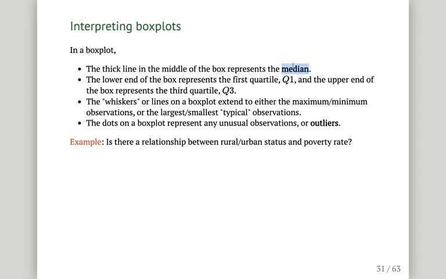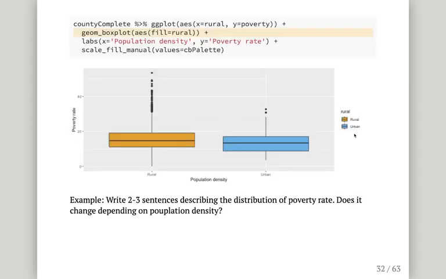The box plot has then lines that extend out of the box known as whiskers, and these extend to either the maximum or the minimum observations. Any outliers will be indicated with a dot. So, for example, here are two box plots. These are side-by-side box plots of the poverty rate in the U.S. We've got it split up by rural and urban communities.